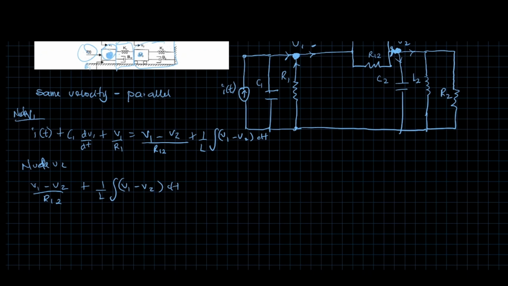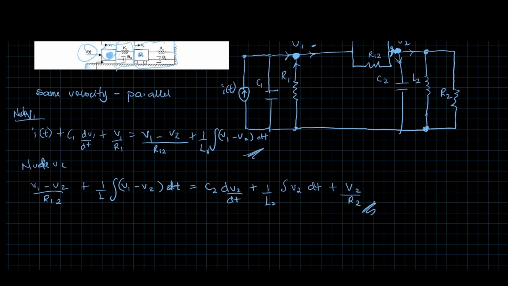Then the ones that are exiting are going to equal C2 dV2/dt plus 1 over L2 times the integral of V2 minus 0, because it's referenced to ground, dt, plus V2 over R2. So this is simply going to be another equation.